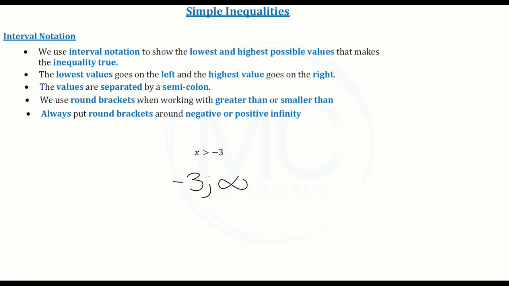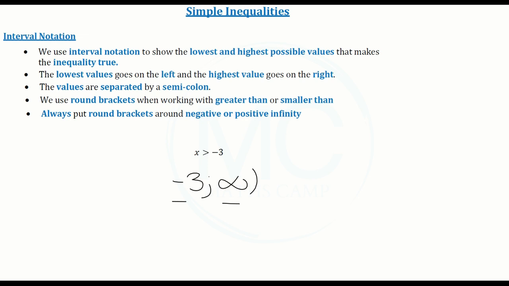Please remember that when using interval notation, the smaller value is always on the left and the bigger one on the right. Now let's fill in our brackets. We have just said we use round brackets when working with negative or positive infinity. So we can put a round bracket over here. Our inequality includes a greater than sign, so x can be anything greater than negative 3.